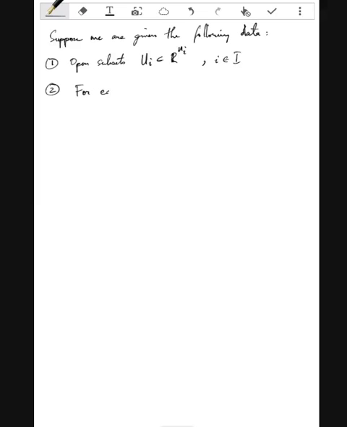Two, for each pair i, j, there are open subsets U_ij contained in U_i such that U_ii is equal to U_i.